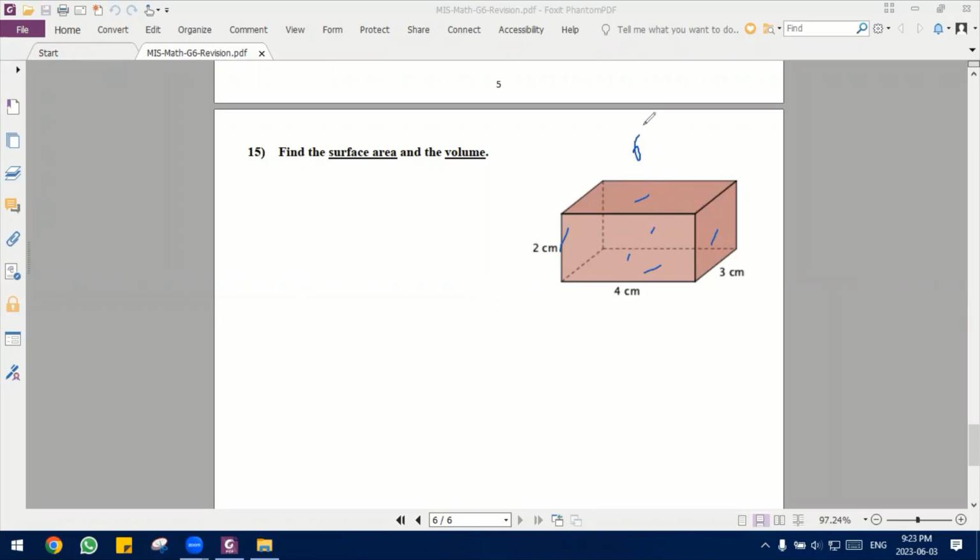So I need only to draw 3 different faces to find the area of each face. So the first face is here, the front. So now take it to the left. So the front is 4 by 2.